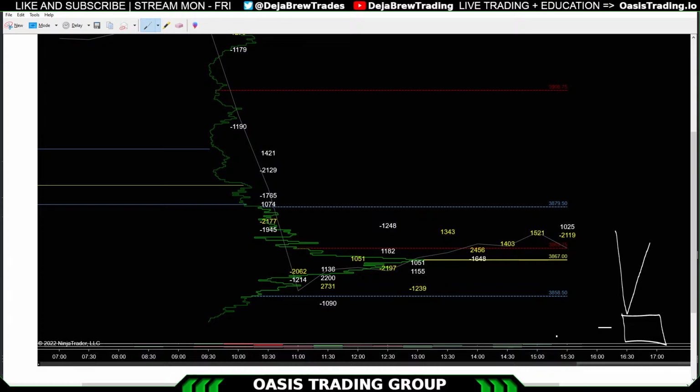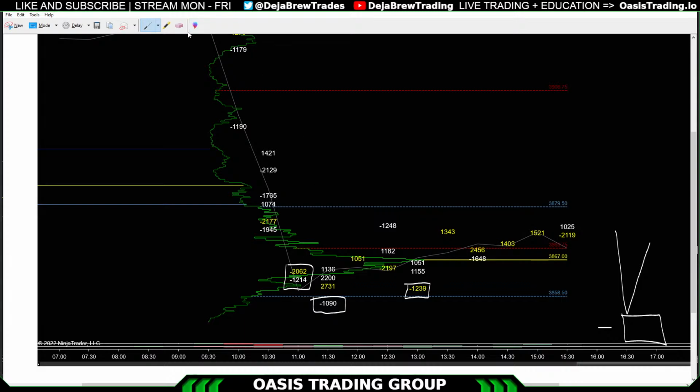Contracts that did not see any profit or barely any profit. Okay. So in this case, we had these contracts right here, that negative 1,000. We had some contracts over here, negative 1,200. We had some contracts right here, negative 2,000 and negative 1,200. These are all very close to that low of day.